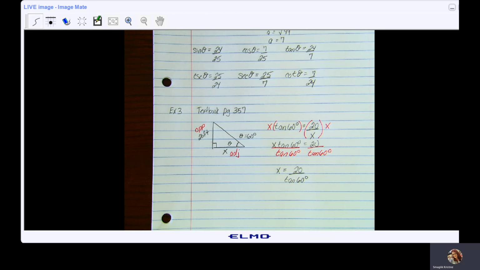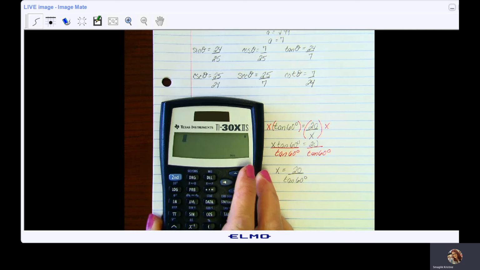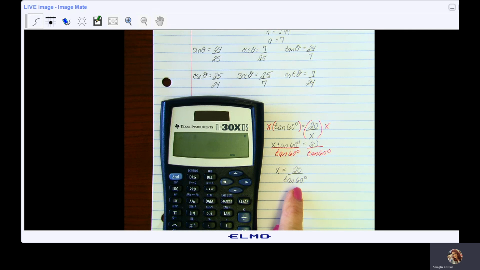And this is where you grab a calculator. Depending on what calculator you're using, or if you're using Desmos Scientific, you should be able to enter it in just as you see it. Some calculators, FYI, if you have a trig function that you're putting in, you need to put the angle measure in and then hit your trig button.